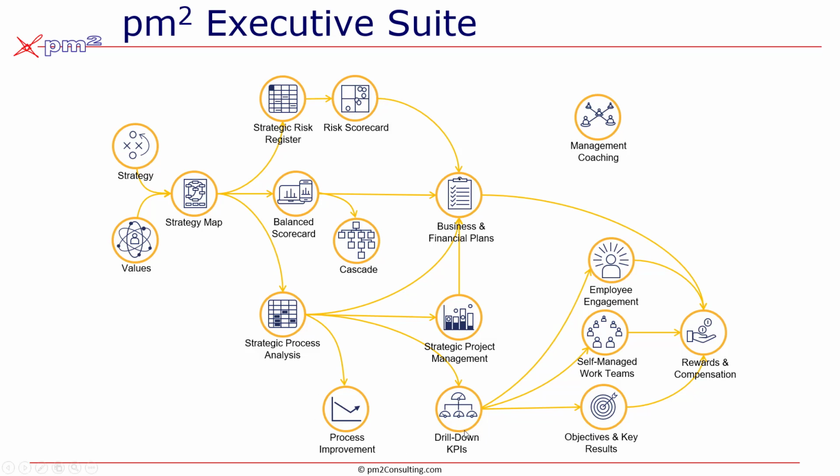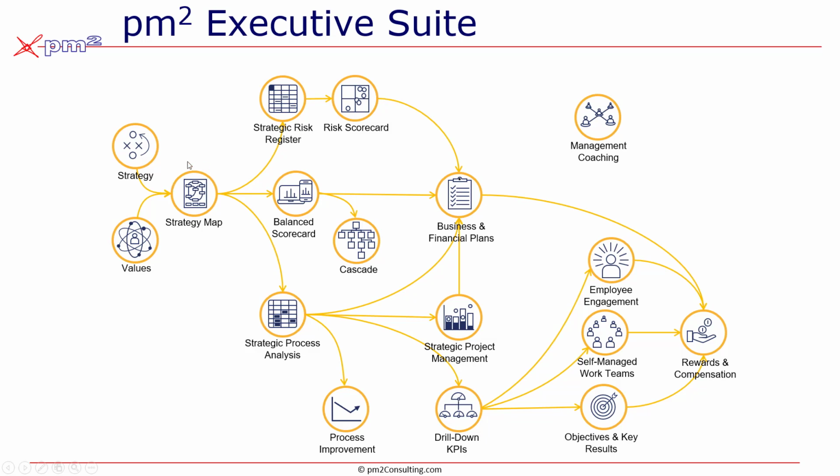Where that takes you is this can be used over here to eventually underpin rewards and compensation by building employee engagement, self-managed work teams, and what's now called OKRs. The balanced scorecard allows us to cascade down to departments, teams, and initiatives and make sure that they're aligned and working correctly.